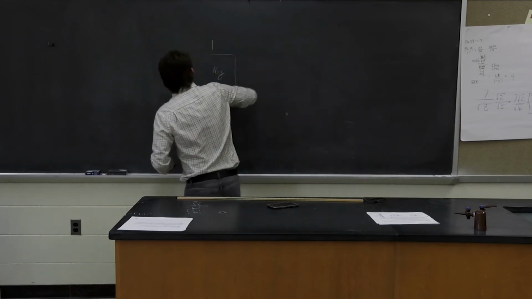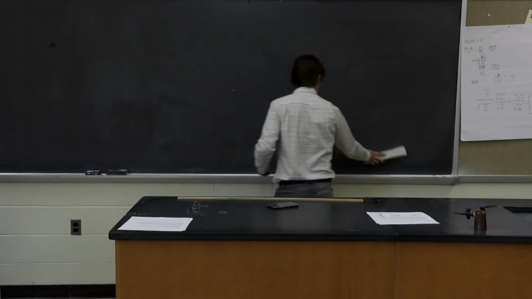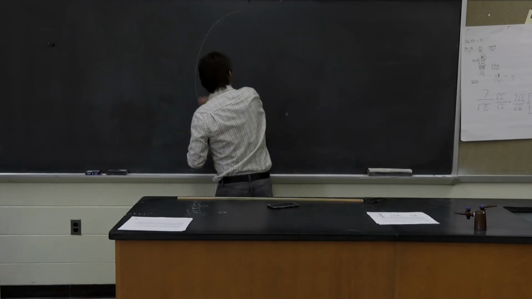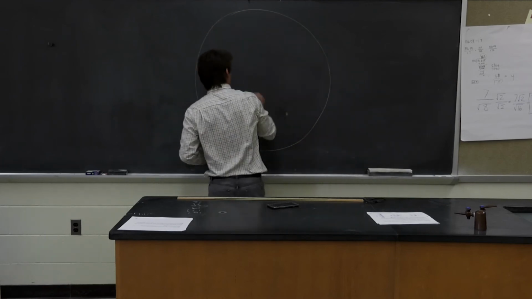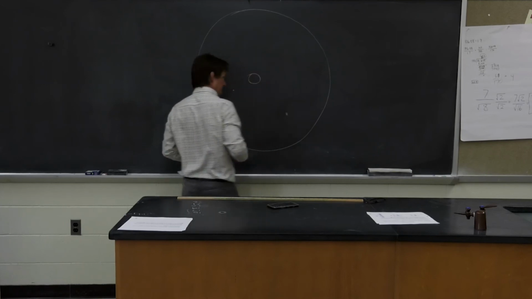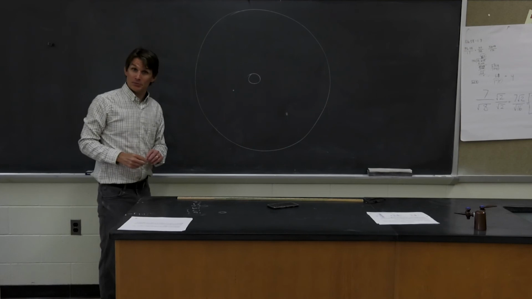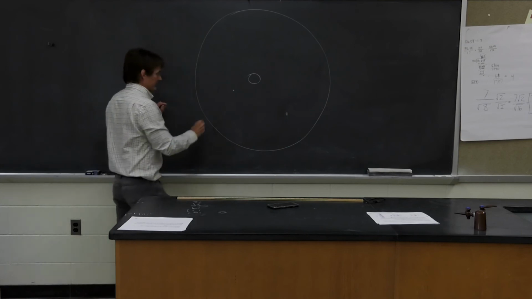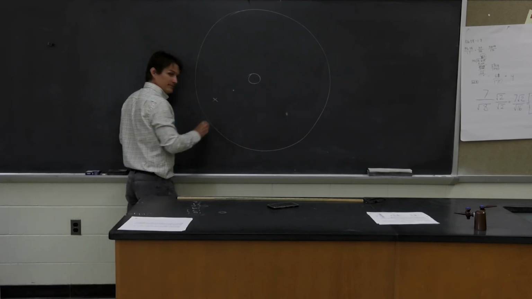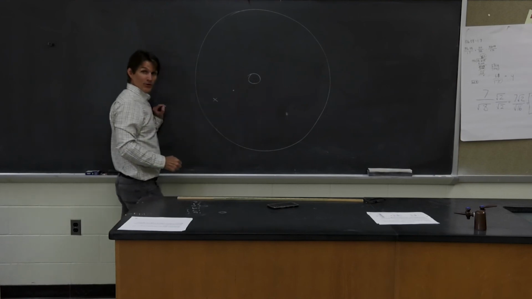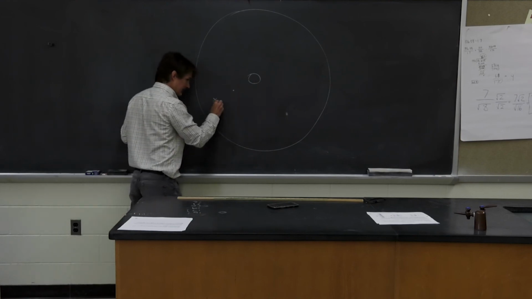In an analogy with a dart thrower, here's a dartboard, here's a bullseye. This is a dart thrower that is precise but not accurate. They threw a dart here, missed the bullseye. Throw another one, and it's right there.